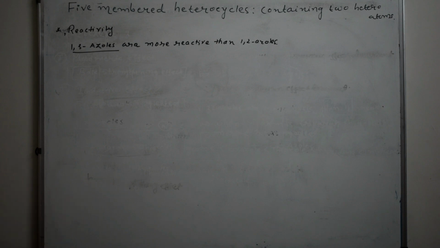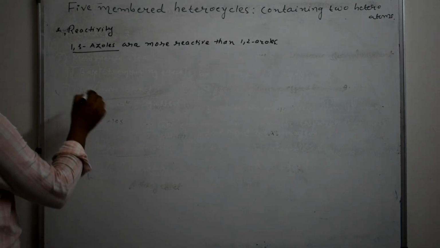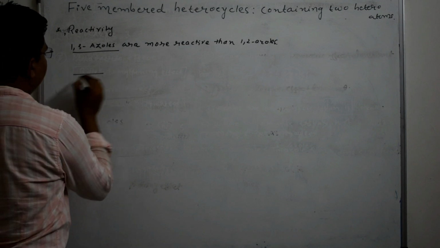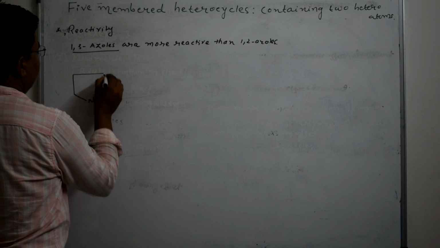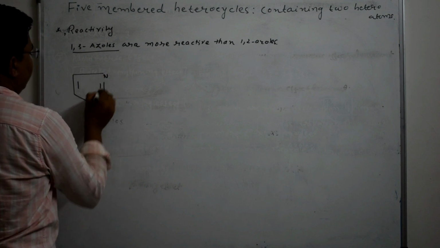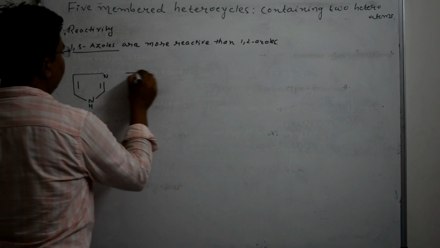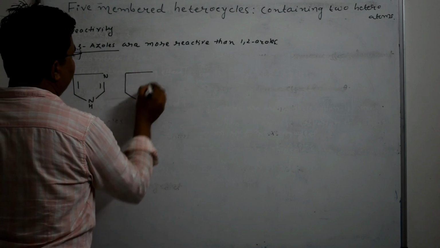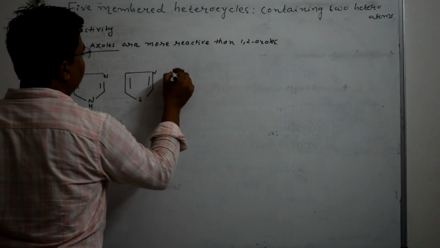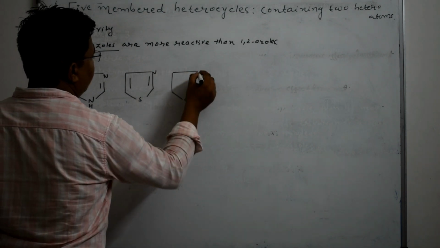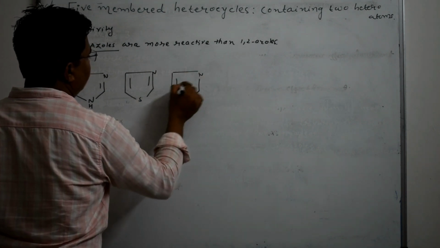Now within the 1,3 azoles we have it this way: this is nitrogen, then sulfur and nitrogen, and then nitrogen and oxygen.